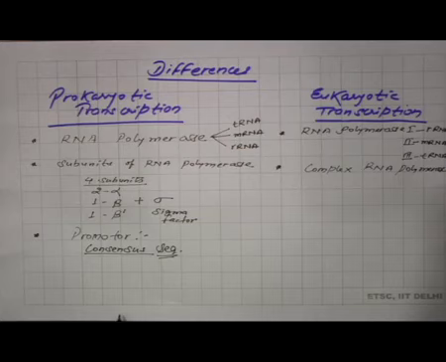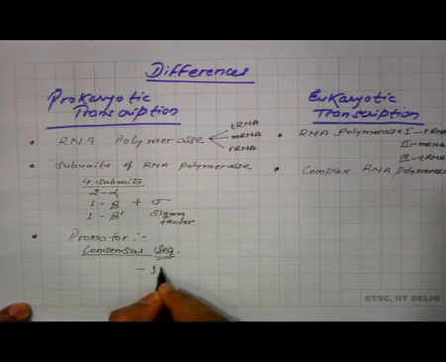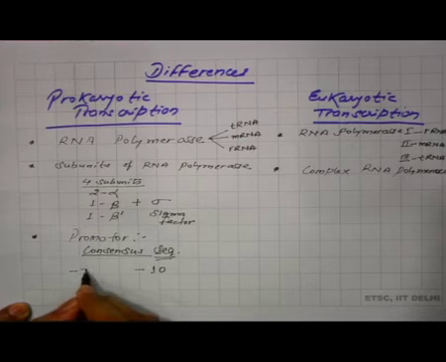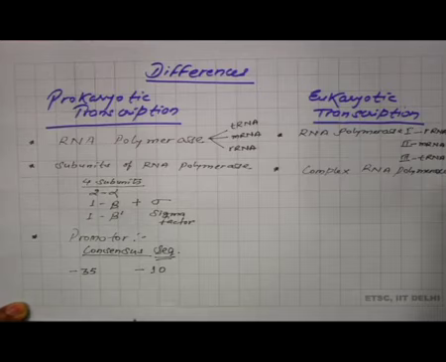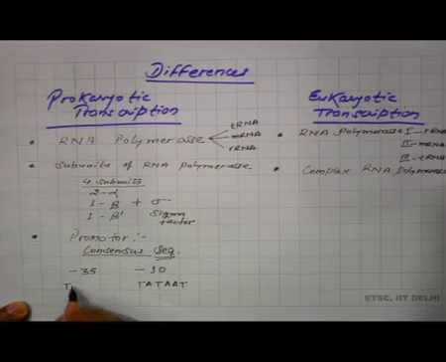In the promoter of prokaryotes, there are 2 consensus sequences, one at -10 and another at -35. At -10 there is the TATAAT consensus sequence, while at -35 there is the TTGACA consensus sequence.